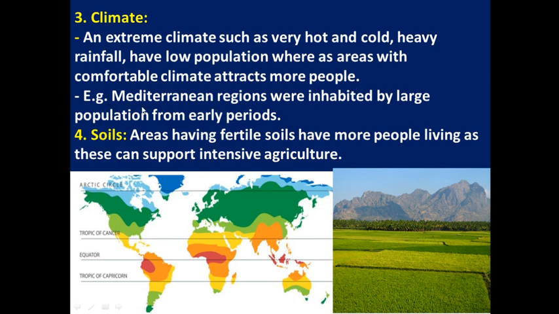Regions with favorable climatic conditions means this one. Here we have the Mediterranean Sea, and these are the Mediterranean regions. The Mediterranean regions were inhabited by a large population from early period, and this region is highly populated from early period till now.